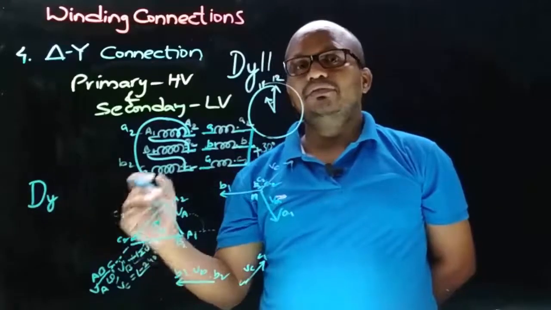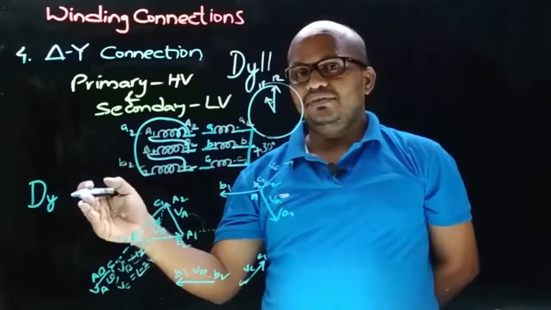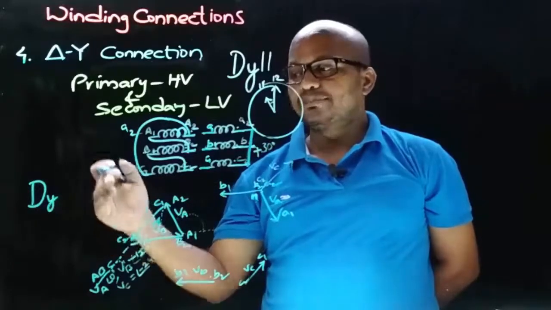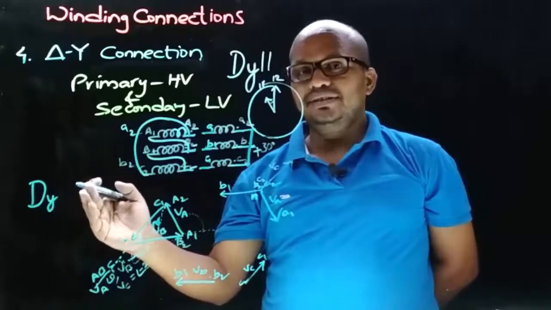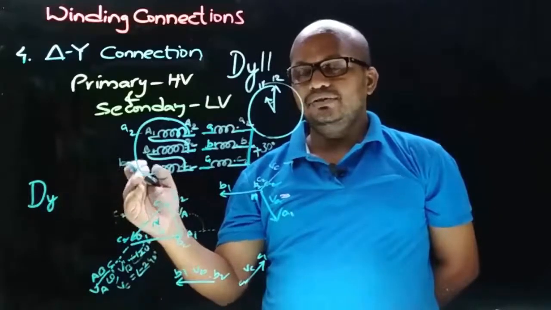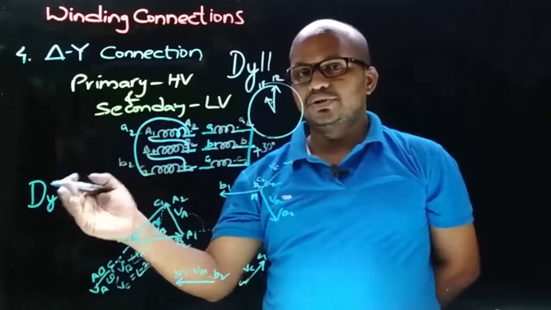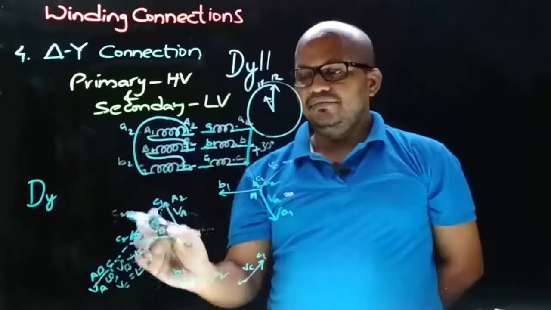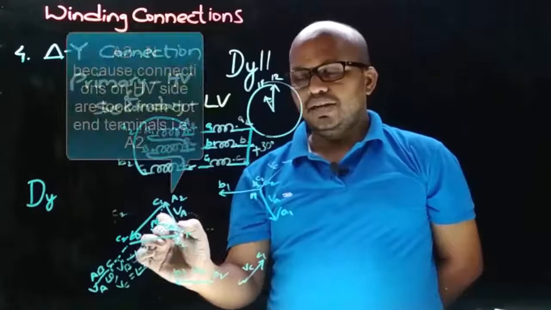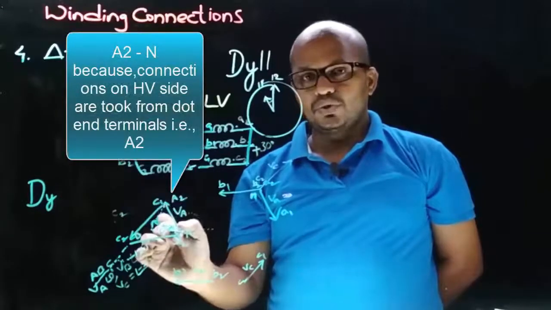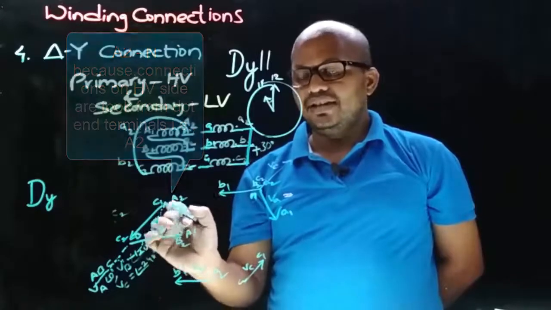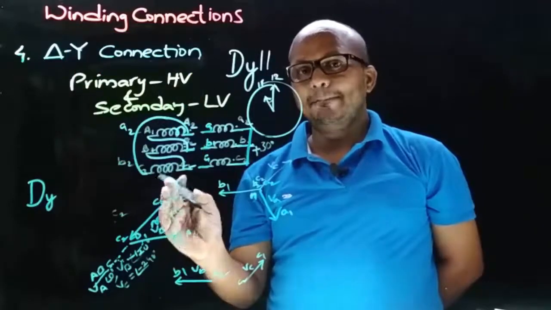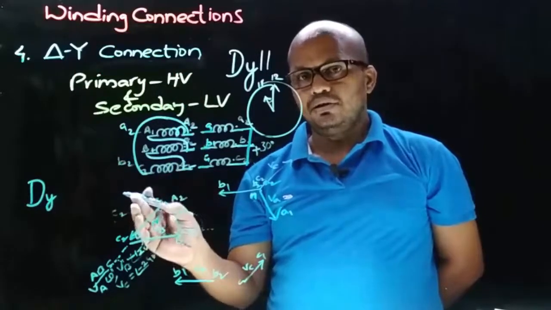That numerical will indicate the LV side phase to neutral voltage displacement with respect to the HV side phase to neutral voltage. Therefore, we need the LV winding phase to neutral voltage and HV winding phase to neutral voltage. From the HV winding phasor diagram, capital AN is the phase to neutral voltage, and this is taken as a reference, and this is indicated by the minutes needle in a clock.